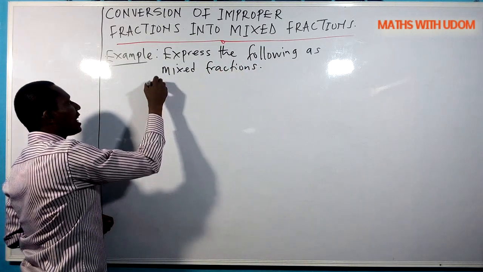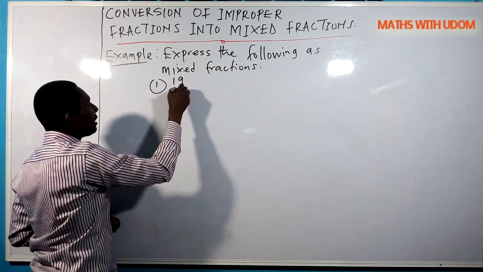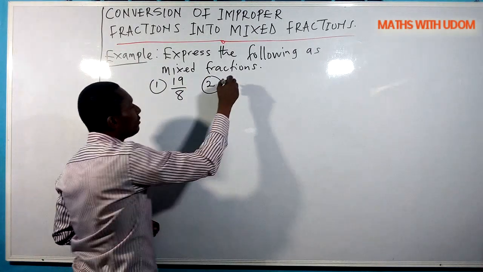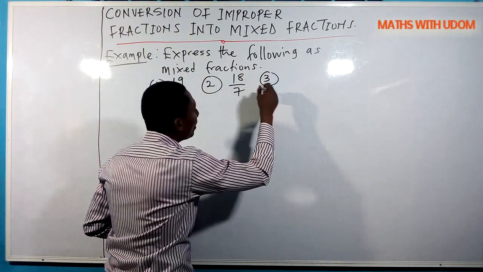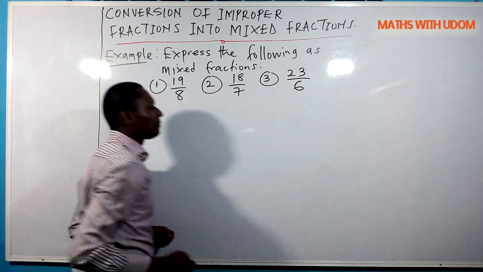Okay, let's have the first example: 19 divided by 8. Number 2, let's have 18 divided by 7. And the third one, let's have 23 divided by 6.